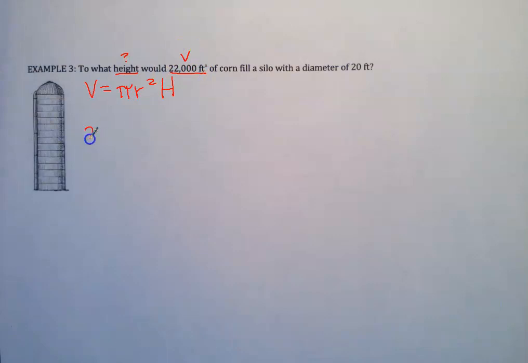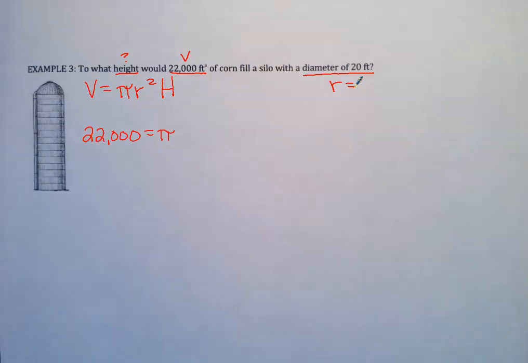Okay, so we're going to say 22,000 equals pi. What's my radius? Would that be the 20? Well, our radius is not 20. Our diameter is 20.